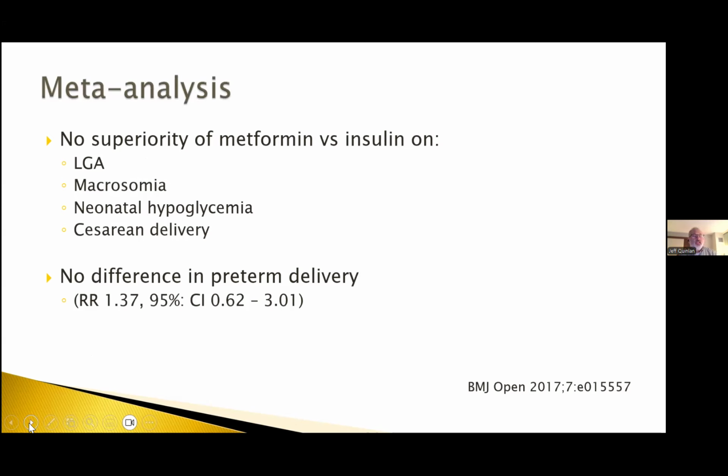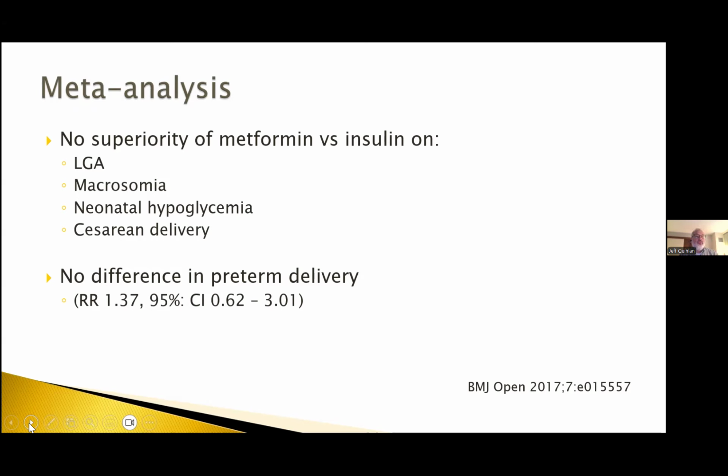There have been a couple of meta-analyses that tried to determine whether metformin might be superior to insulin, and they failed to demonstrate any superiority. This kind of study really isn't looking to see if they're equivalent or not. It's really trying to determine if metformin is better, and it did not show that.